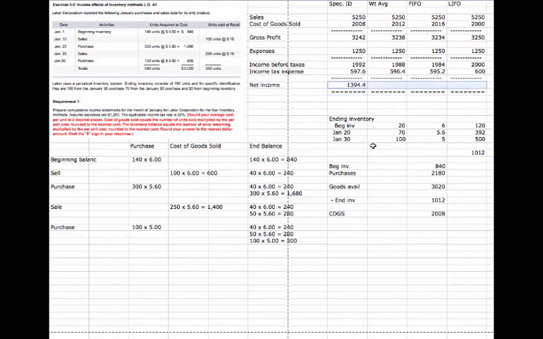And it's the same for all four methods. So that's how you calculate the difference between the four methods: specific identification, weighted average, FIFO, and LIFO. So now let's go take a look at another problem.